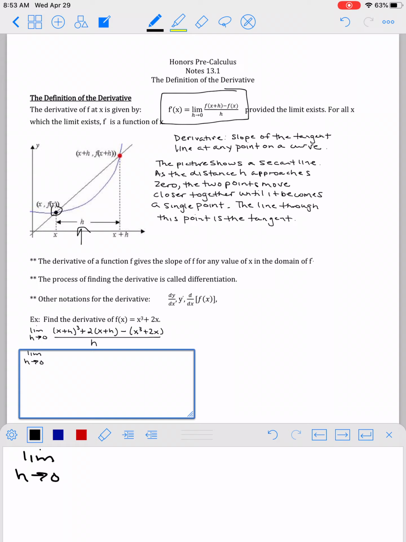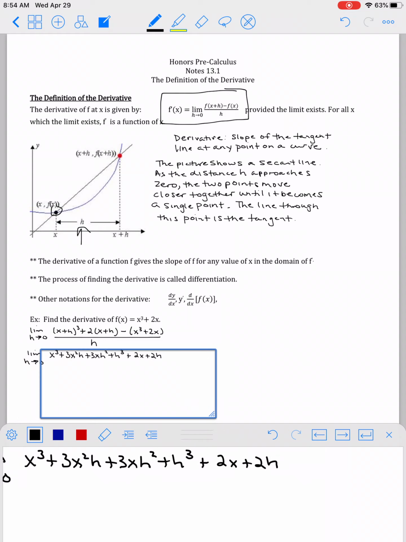And so the cubic: x cubed plus 3x squared h plus 3xh squared plus h cubed, and then plus 2x plus 2h, and then I'm going to distribute the negative sign, minus x cubed, and then minus 2x, and we're going to put all of that over h.